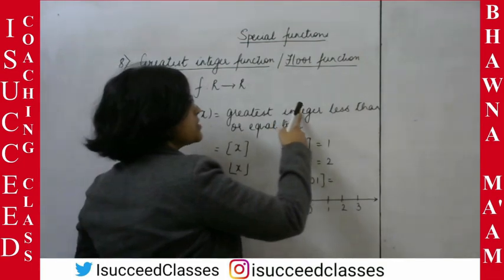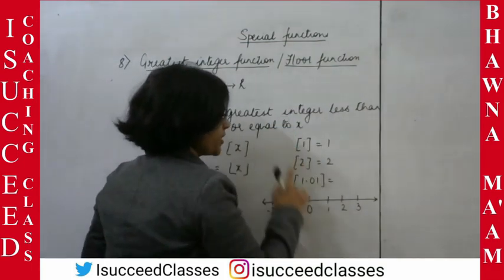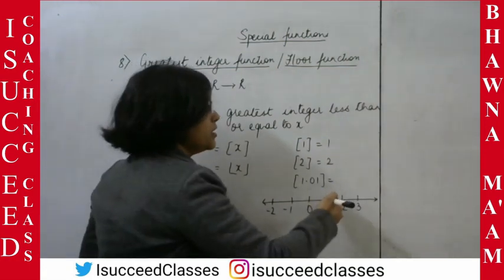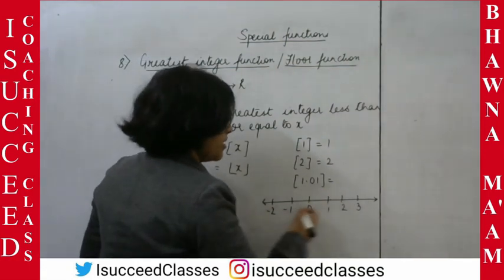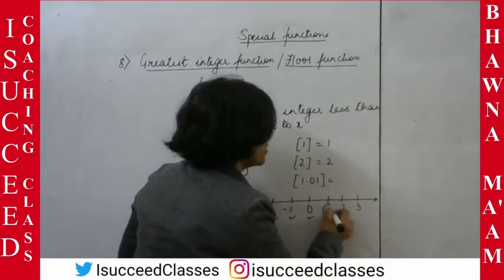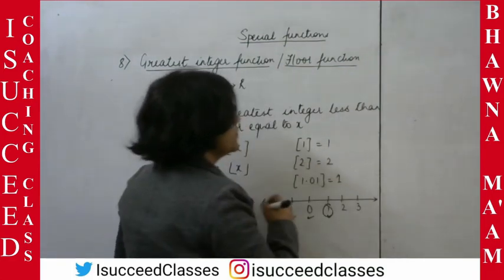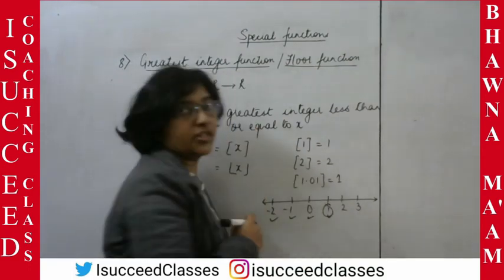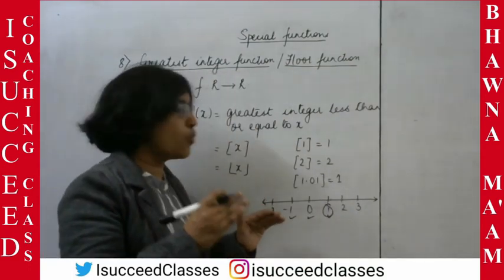We said greatest integer less than or equal to x. So x is 1.01, somewhere over here. The integers smaller than this are all of these. The greatest one among them is 1. So that's your answer. Any value between 1 and 2 will give the value as 1.